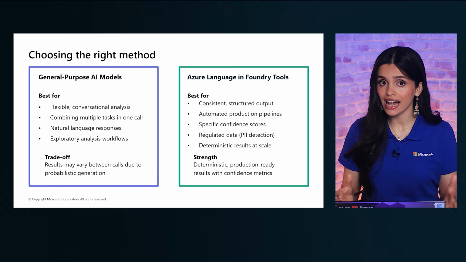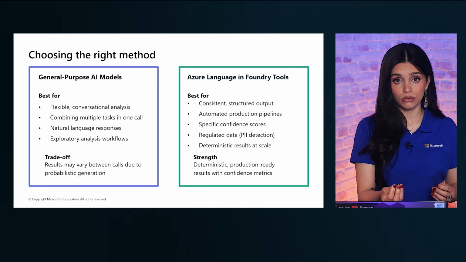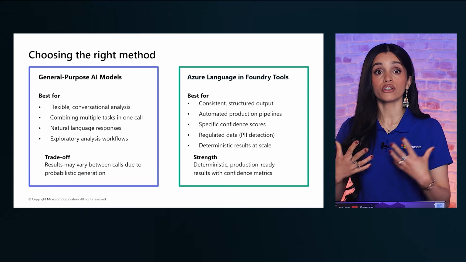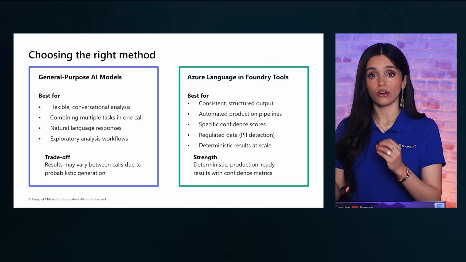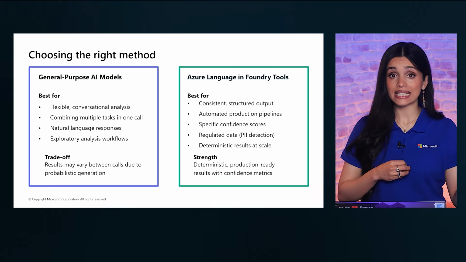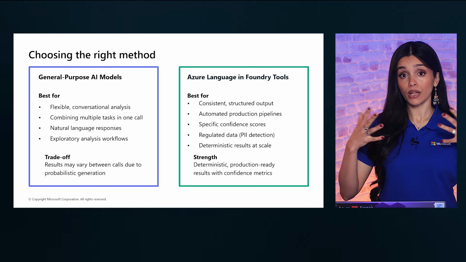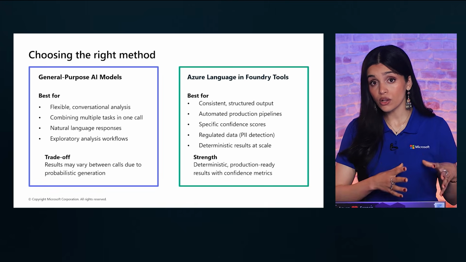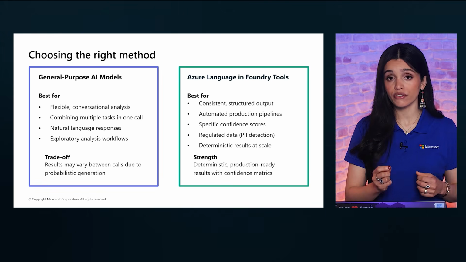Because these models are prompt-driven, you simply describe what you want, and the model figures it out. This makes them ideal for chatbots, AI assistants, human-in-the-loop workflows, and exploratory analysis where some variability in the output is acceptable and even useful.